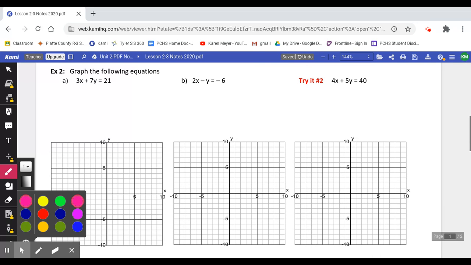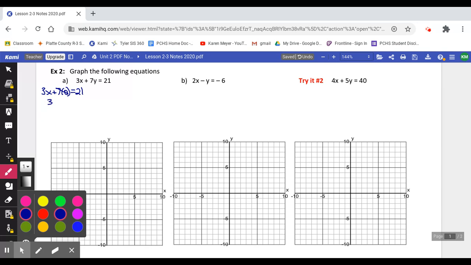Okay, so 3x plus 7y equals 21. So I'm going to start with the x-intercept first. On the x-intercept, you're going to plug 0 in for the letter y. So 3x plus 7 times 0 equals 21. Well, 7 times 0 is just 0, so that goes away.